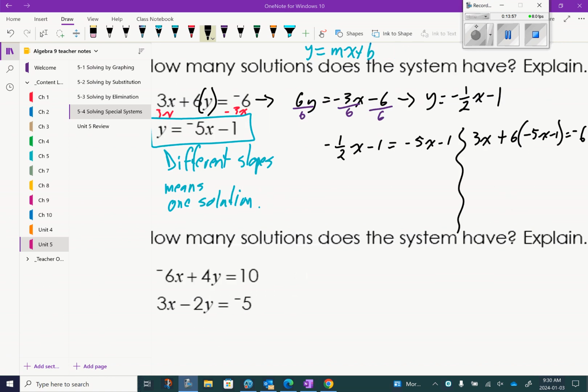So the first equation said 3x plus 6y equals negative 6. If I take out the y and substitute that entire expression, negative 5x minus 1, in place of the y, again, I get one new equation with only one variable. However, I need to do that by substitution the one way, substitution the other way, or the elimination method. That's got to be the goal of our very next step. Let's solve.